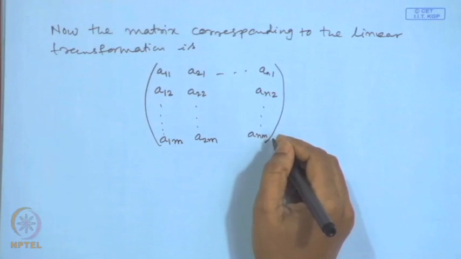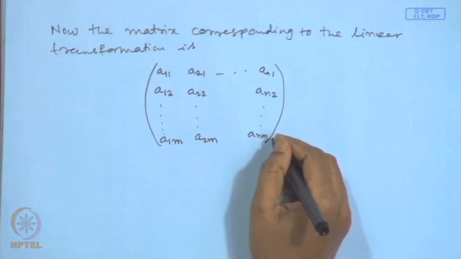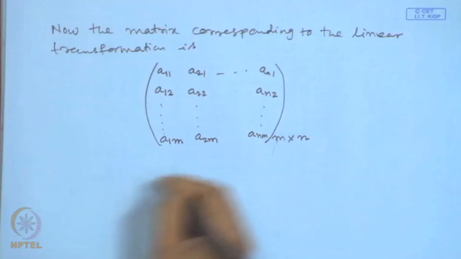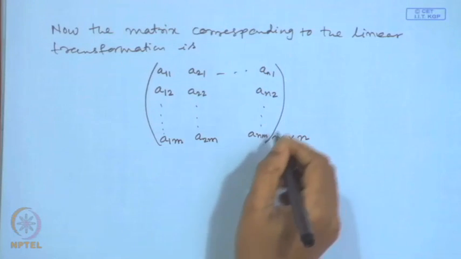So, this is basically an m by n matrix. The size of this matrix is m by n.